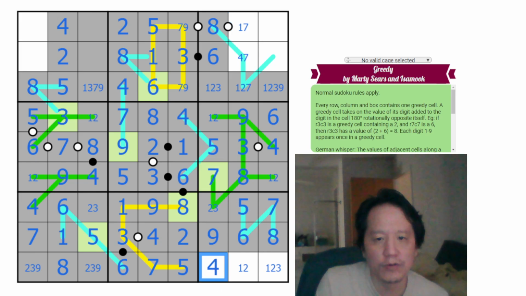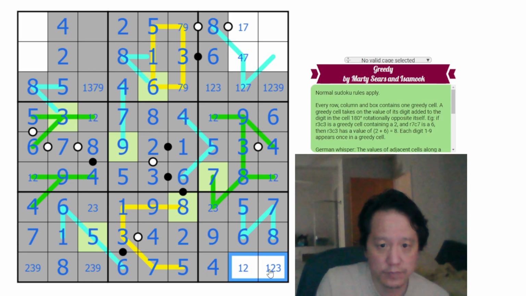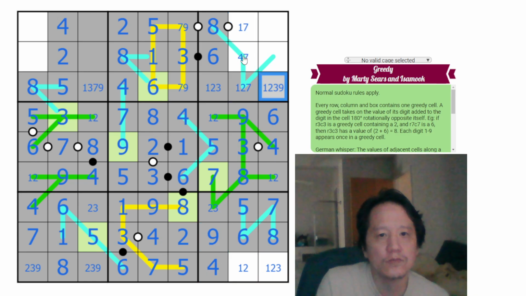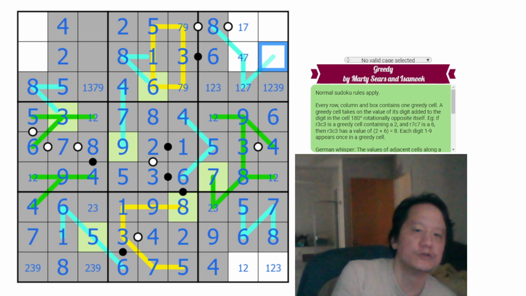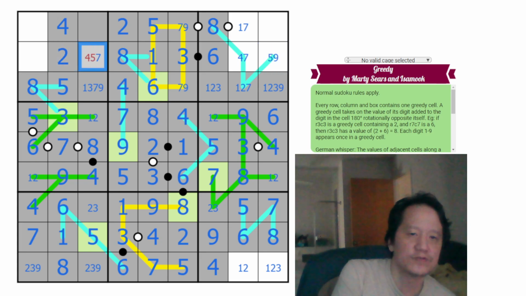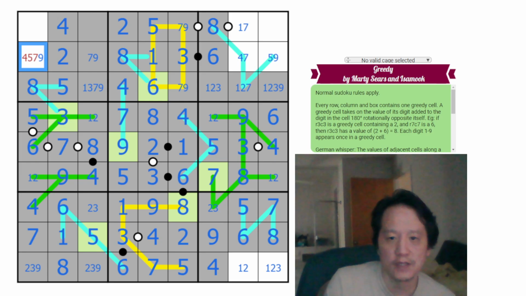So this can't be greedy. So we have no 1, 2, 3, 4, 5, 7, 9. This is 4, 5, 7, 9. Okay, so this is 9. This is 7. This is 5. This is 4.